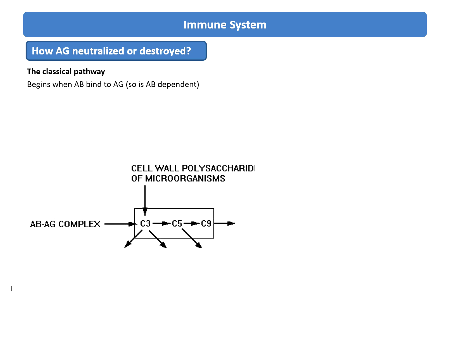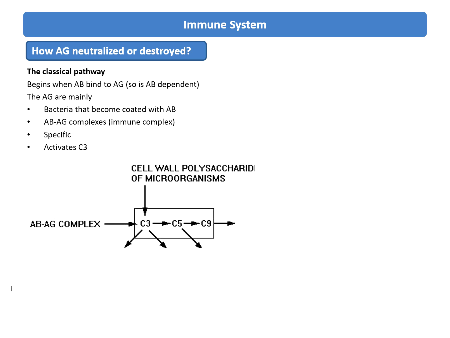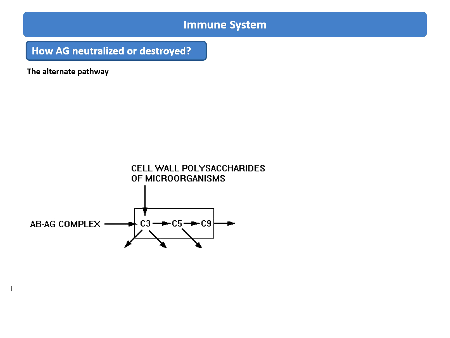It begins when antibodies bind to antigens, so this depends on the antibodies. The antigens are mainly bacteria that become coated with antibodies or antibody-antigen complexes. These are the immune complexes, and it's very specific. It activates C3.